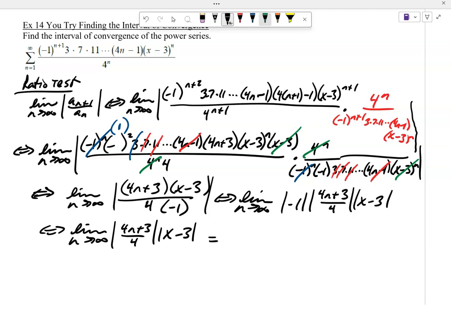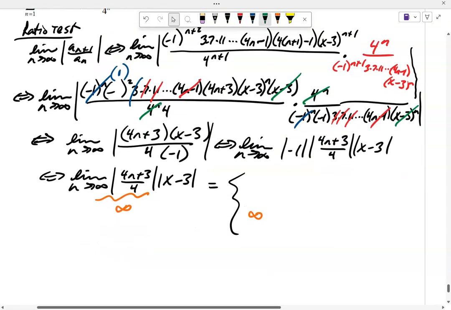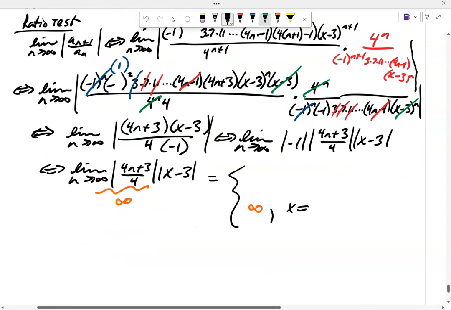So notice this will go to infinity right there, right? So this thing's going to go to infinity whenever x is anything but 3, right? But if x is 3, that'll cause that to be 0, 0 times infinity, so it will be 0 when x is 3.